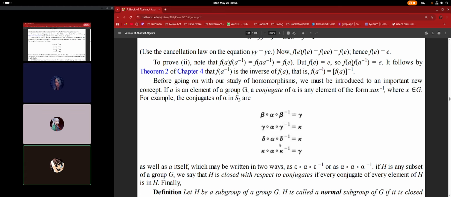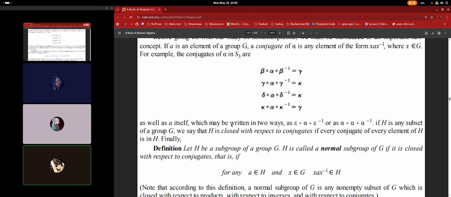S3 has 6 elements, but note that alpha in S3 only has 3 conjugates. That is what I was trying to say. Because you can only get the 3 elements by conjugating alpha. Okay. That relates to an exercise we did in the previous chapter about conjugation groups, I believe. Yeah, I don't have recollection of that exercise, but I believe you.